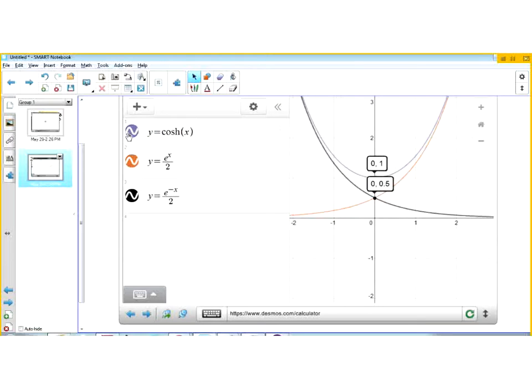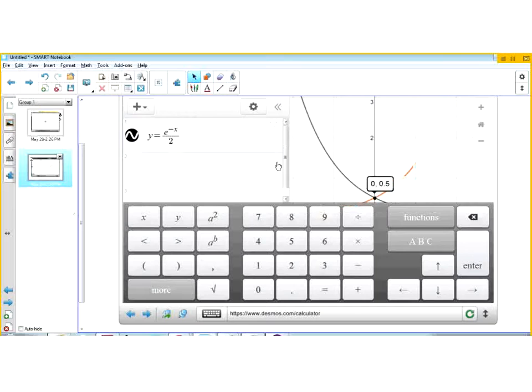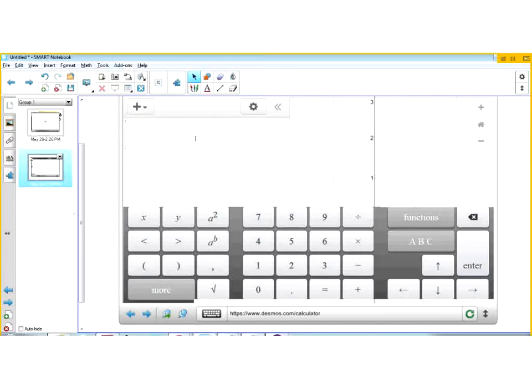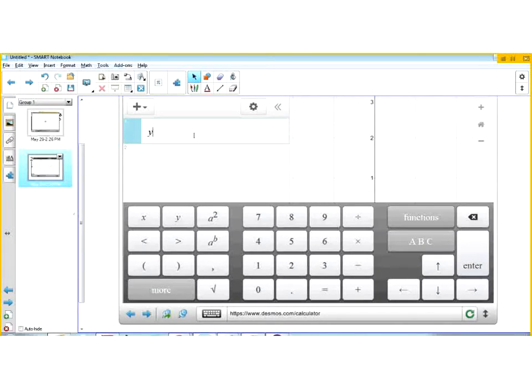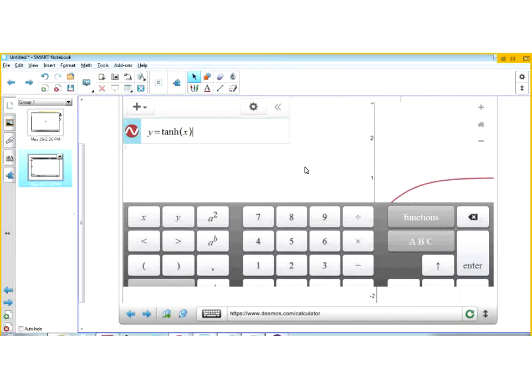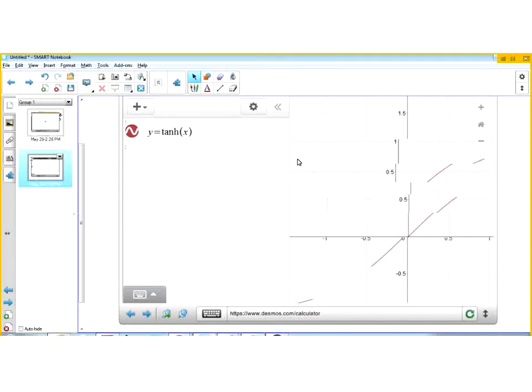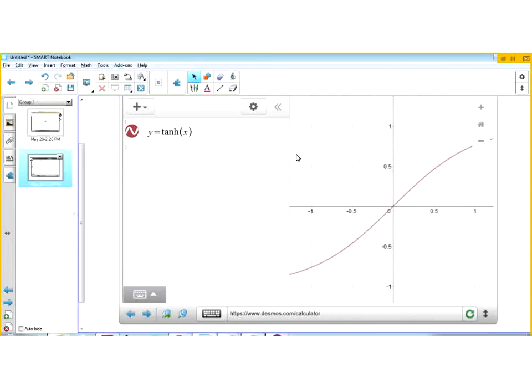Okay, so the next function we can talk about is the hyperbolic tangent function. So let's explore its graph. So y is equal to hyperbolic tan of x, and this will be shown in red. And if you notice, it looks almost like the graph of the inverse tangent function.